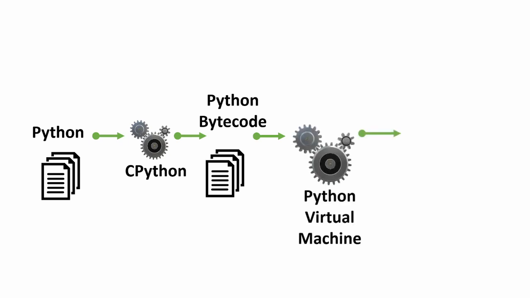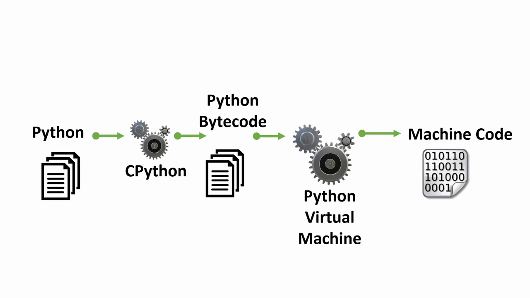But here's the really magic part. This Python virtual machine is now what gives the ability of Python to be platform or processor independent. Okay, and then from here, this is where we finally get to our machine code that doesn't matter if it's a Mac or a Windows machine, that it can all be used. So that's really the workaround to dealing with these different processors in terms of how to use or implement Python code.